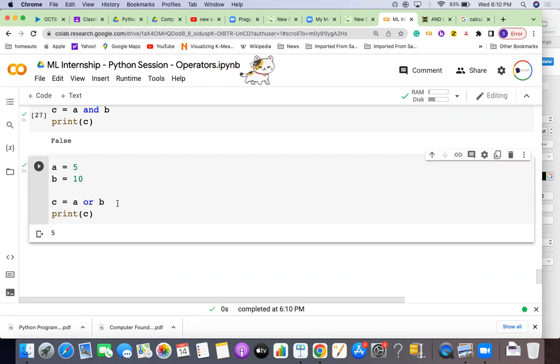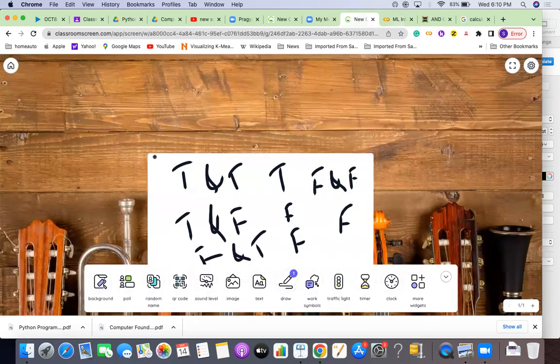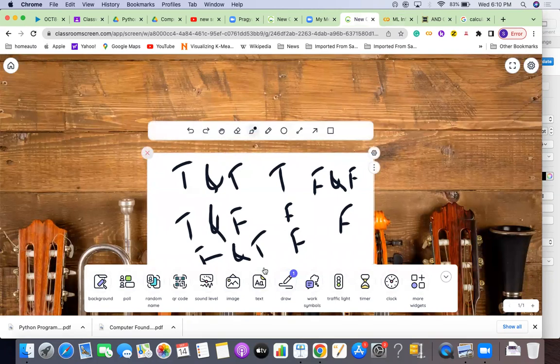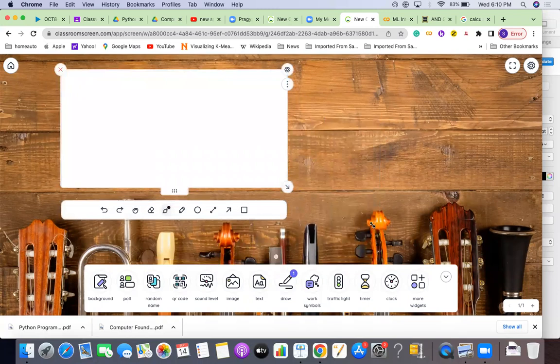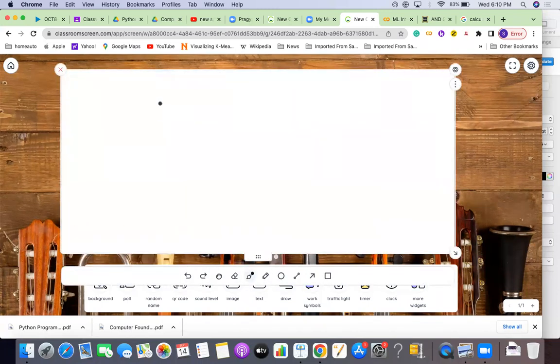Let me tell you how it works. You don't need to remember the logic, let me show how and operates. If the first element is true, then the result of and is dependent on the second element, correct?